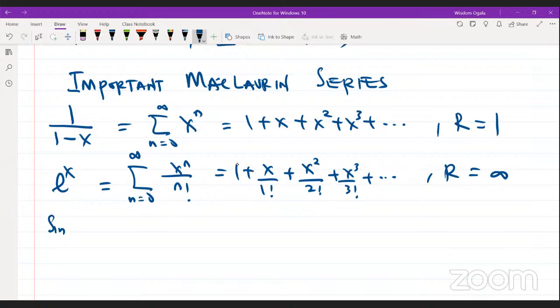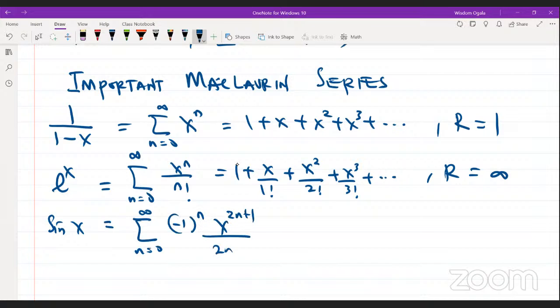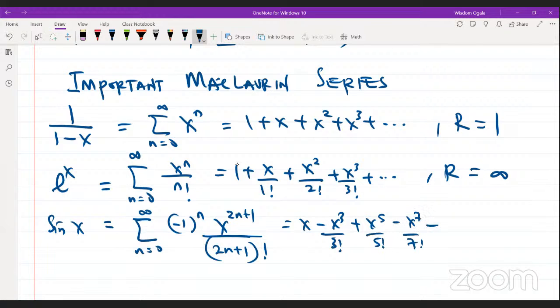Now we've also done something with respect to sine: x to the 2n plus 1 over 2n plus 1 factorial. This is like a summary, putting these things together for you. x minus x cubed over 3 factorial plus x to the 5th over 5 factorial minus x to the 7th over 7 factorial, on and on, and my radius of convergence is actually infinity.